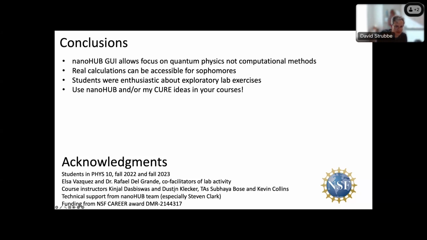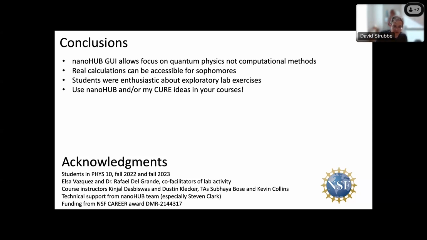I'd like to acknowledge, of course, the students in this class, both years, for being participants as kind of guinea pigs in this activity. One of my students and postdocs helped to facilitate the lab activity. This is actually not the course I'm teaching, so the course instructors, I have a typo here, oops, this should be Dustin Kleckner, and the TAs for the class helped collaborate with me to make this happen.